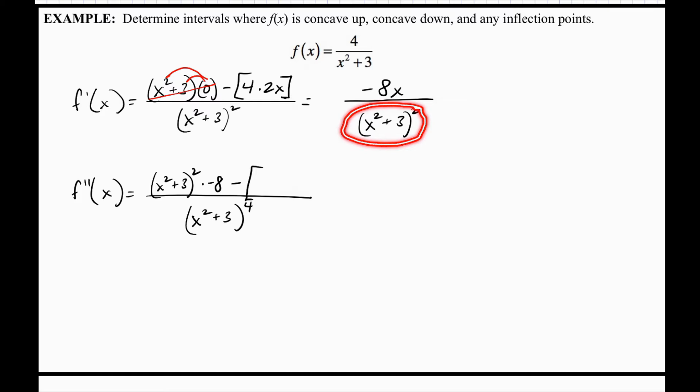How do I find the derivative of the denominator? Which rule am I going to use? Chain rule, yeah. We haven't used that one in a while. So it's negative 8x times the derivative: I move the 2 to the front, everything else stays the same, it loses a power, and then times the derivative of the inside, which is 2x.